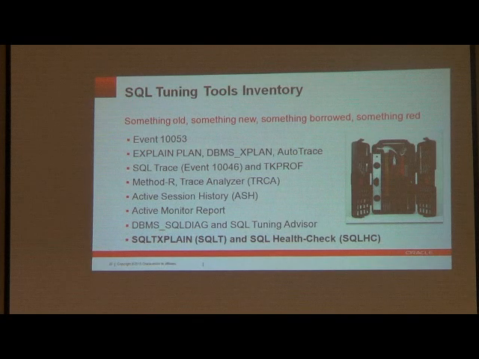But still, the tuning advisor may give you some clues. For example, if I see the tuning advisor is suggesting to implement a profile, I don't implement the profile, but I look at the content of the profile. I look at the hints inside the profile. And if I see these huge scaling factors, those scaling factors are basically saying the estimated number of rows and the actual number of rows are way off.